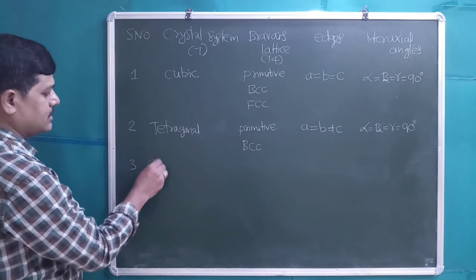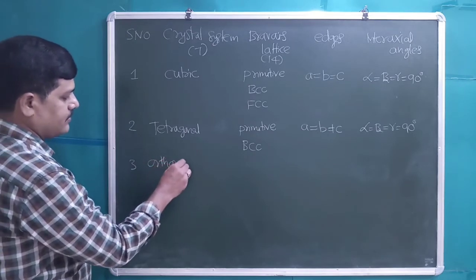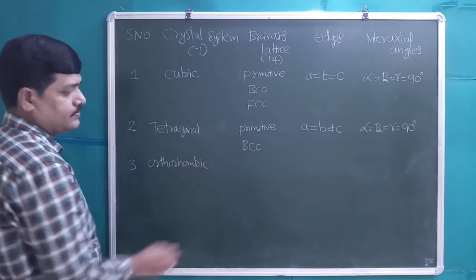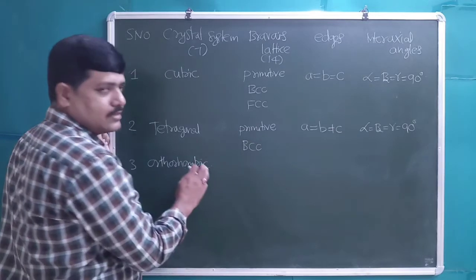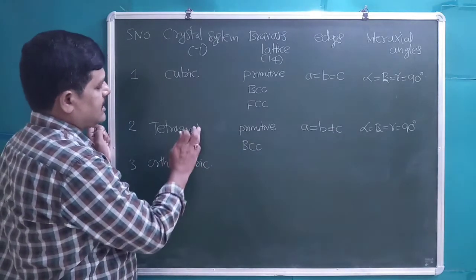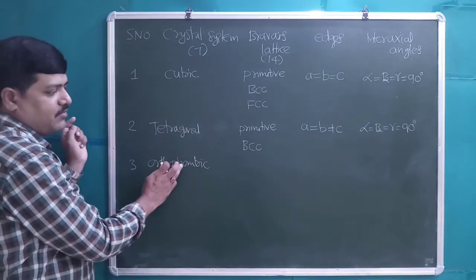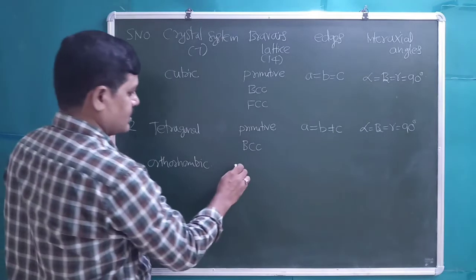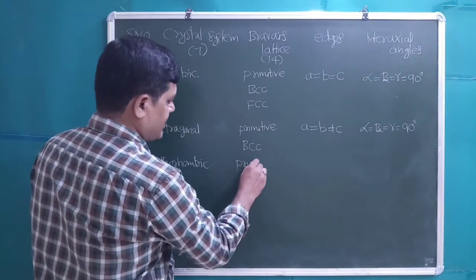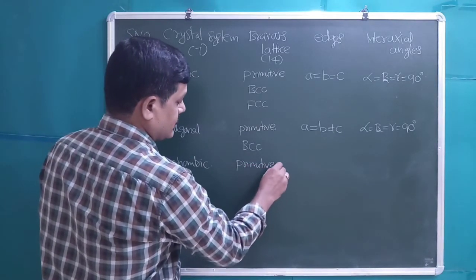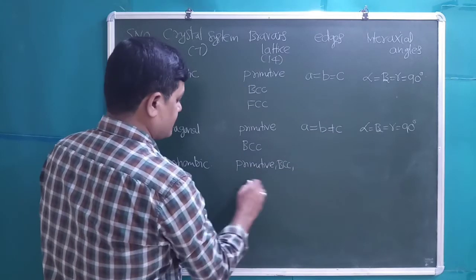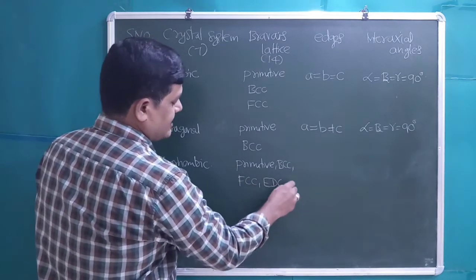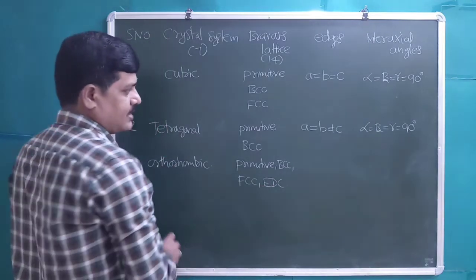Third type is orthorhombic. The crystal system which has the maximum number of Bravais lattices is orthorhombic, which has primitive, BCC, FCC and end centered lattice also possible.